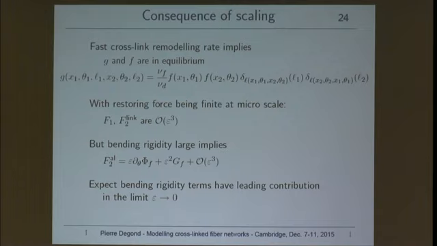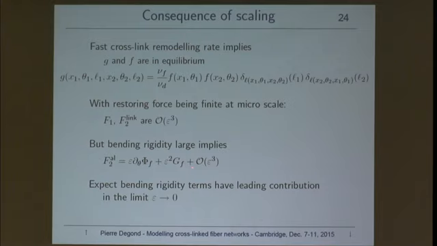Using these scaling assumptions, we also have that everything that comes from the restoring force is small, of order 1 over epsilon cubed, whereas because we have bending rigidity, which is large, the force that comes from the bending rigidity has terms of higher order. There are order epsilon and epsilon squared terms, and then there is a remainder which is of the same size as here.